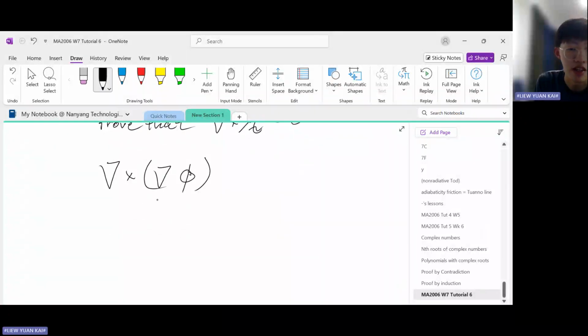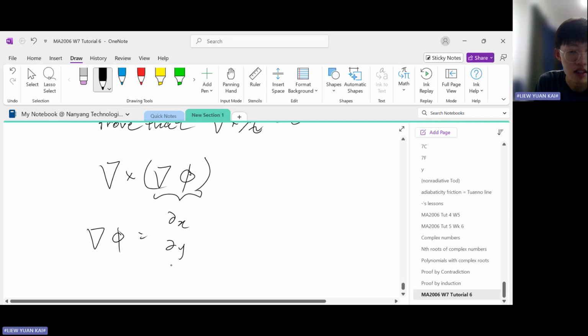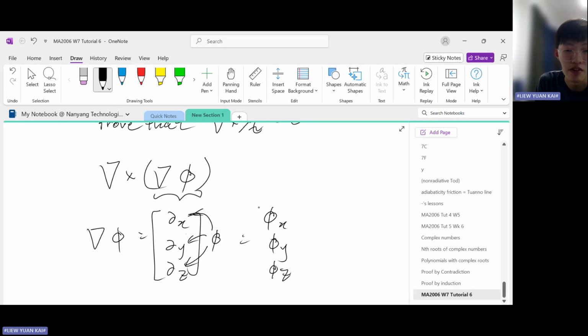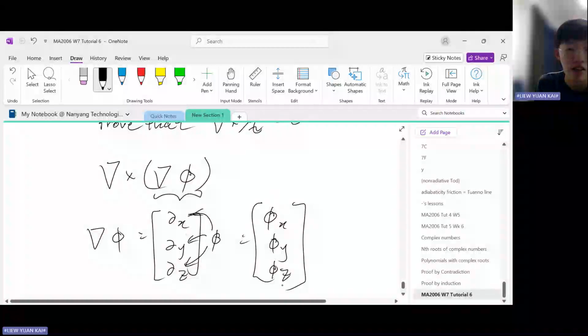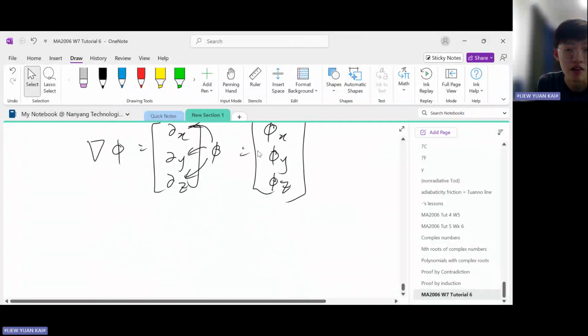First, we need to find the gradient of phi. Replace nabla with its definition, and phi is scalar multiplied into each entry, so that means phi x, phi y, phi z: the partial derivatives of phi in each direction. Now I need to take nabla cross this.